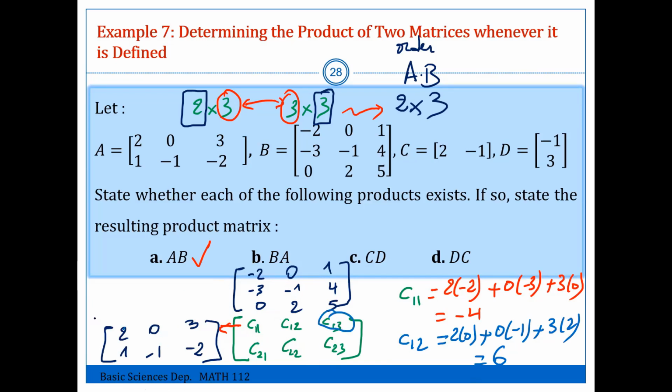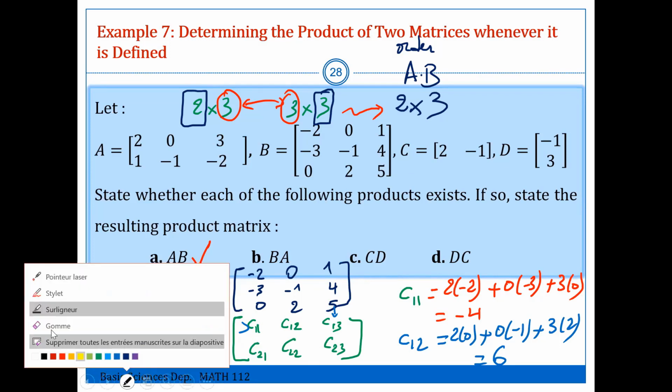C13. Now to compute C13, you use the first row and the third column. And you multiply 2 times 1, 0 times 4, 3 times 5. So it's 17. Then we finish the first row. We go to the second row. Now C21.